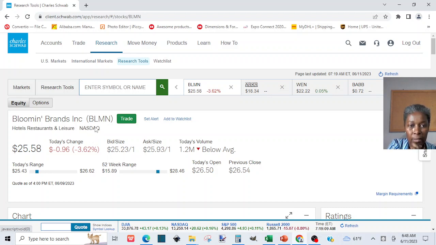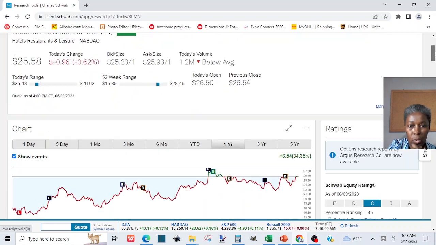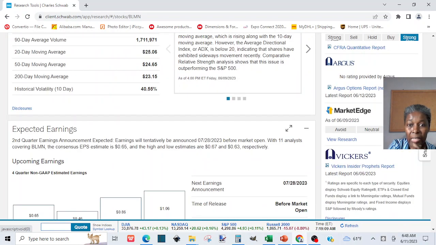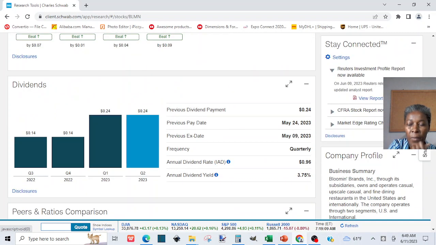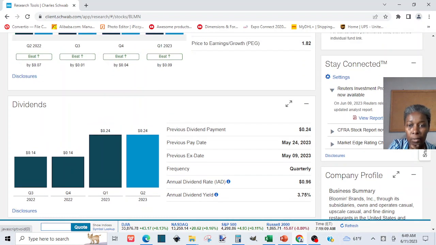It's selling on NASDAQ, so you are going to pass that filter. So it's good to write the 52 weeks low and 52 weeks high on your spreadsheet. You can scroll down and double check the dividend and the months they pay. They pay in month 2 of the quarter, and they pay a 3.75% annual dividend rate.